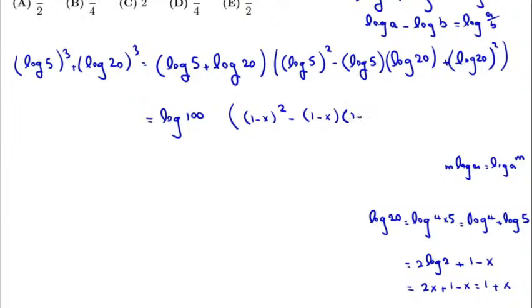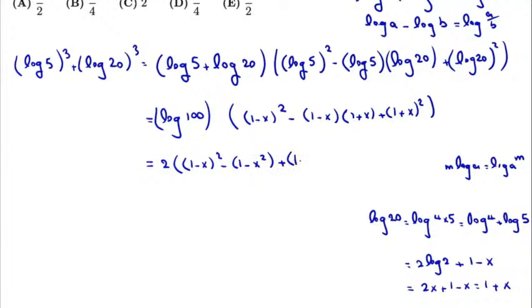So log 20 is 1 plus x, plus 1 plus x squared. And log 100, where 100 is 10 squared, is 2. So 2 times 1 minus x squared minus 1 minus x times 1 plus x, plus 1 plus x squared.